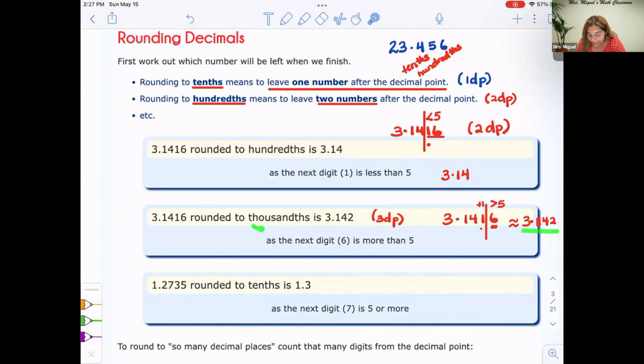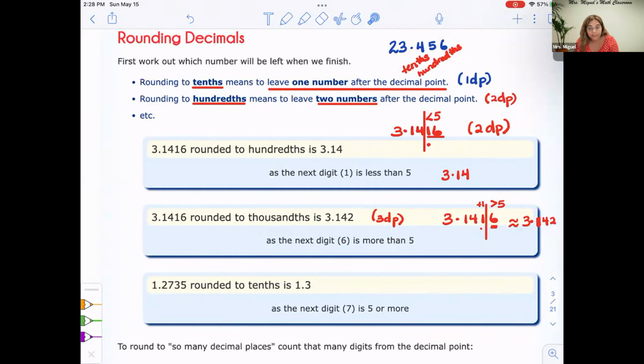Now let us look at our answer. The question is asking you to round it off to thousandths, or 3 decimal places. Let me count. Here I have 1, 2, 3 digits. So I have completely answered what they ask of me. If I put anything other than this answer, it is wrong.